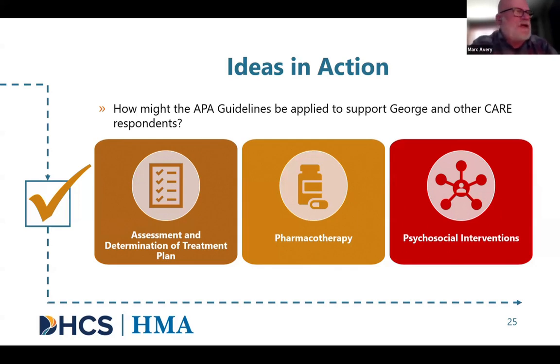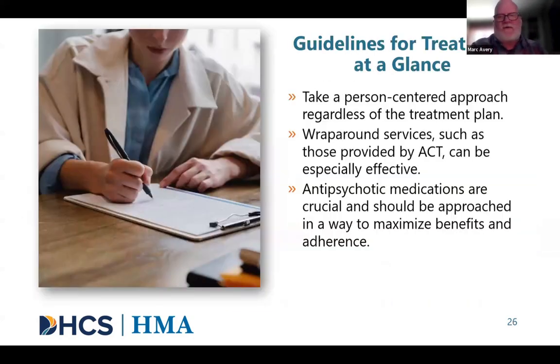Thanks, Deb. Let me jump back in here then, and let's move to our last slide, because we really are wrapping up with the few concepts we want to leave you with. We covered a lot of recommendations, medications, psychosocial interventions, and I hope we conveyed the message that regardless of the intervention, it's very important to take a person-centered approach when you're developing the person's care or treatment plan.